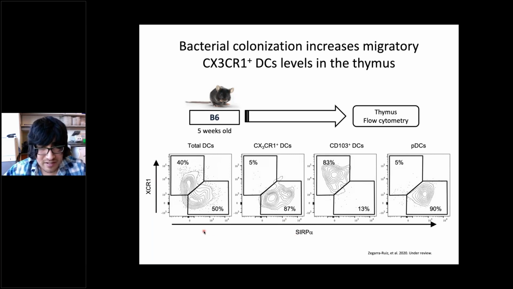We collected the thymus of mice at 5 weeks of age and compared these markers in total dendritic cells, in which we can see a split of resident and migratory APCs. The majority of the CX3CR1 dendritic cells were SIRP alpha positive, suggesting that they had migratory capacities, unlike the CD103 dendritic cells, which were mostly resident. Similarly to the CX3CR1 dendritic cells, the plasmacytoid dendritic cells in the thymus are also known to migrate. So at least CX3CR1 dendritic cells had the potential to be migratory cells.